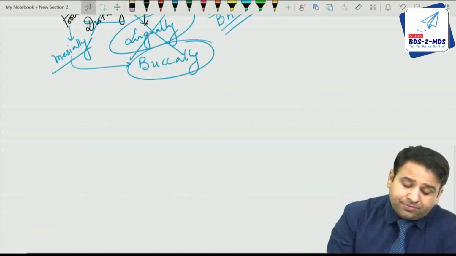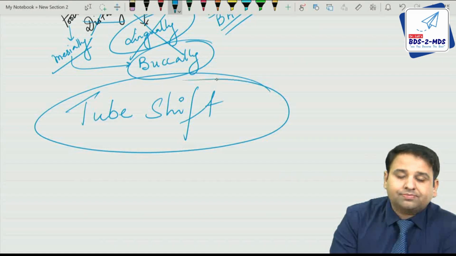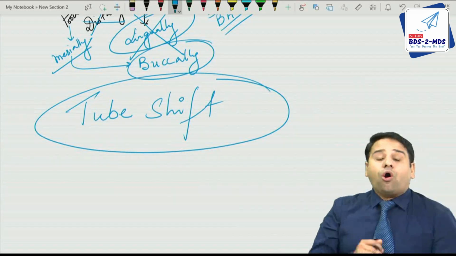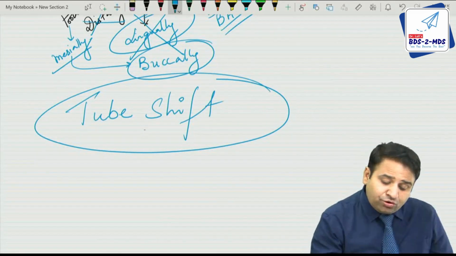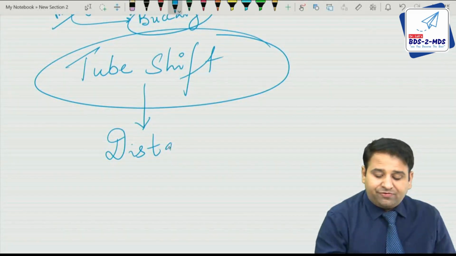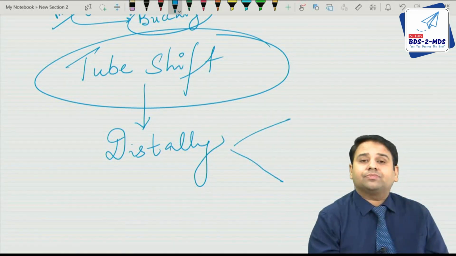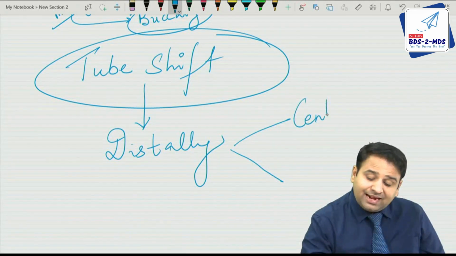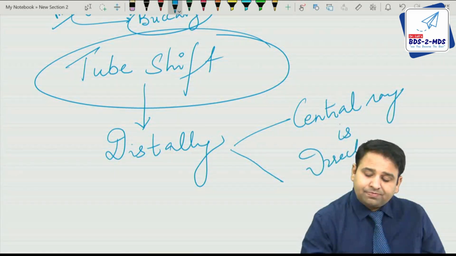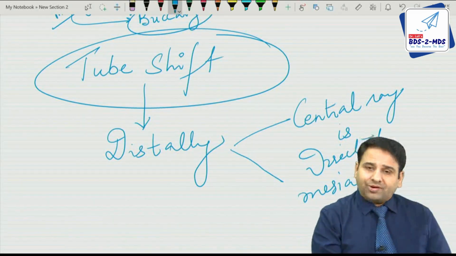Always remember the term tube shift. The direction of tube shift is very important, right? Also remember that if you shift the tube distally, that means the central ray is directed mesially, right?